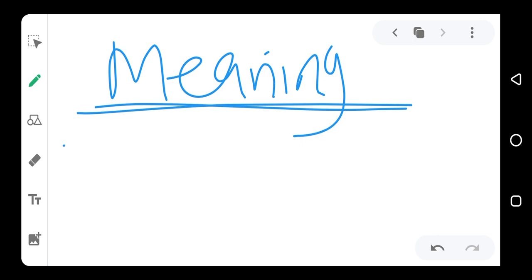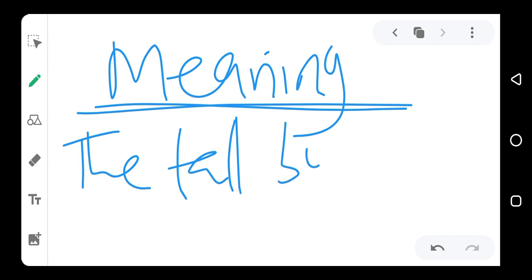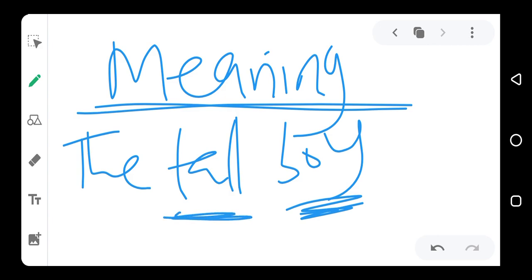If you have the tall boy, we know immediately that we are talking about the boy. This is the main word in this phrase. Now this tall is just saying more things about the boy. It is giving us the nature of the boy in this phrase, that the boy is tall and not short.